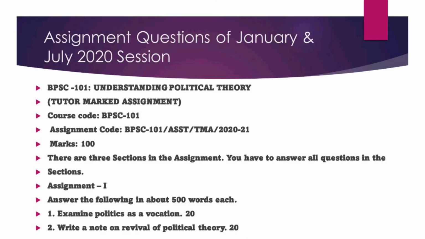In part 4, I'll provide you the assignment question papers from the January 2020 to July 2021 sessions, or you can say January 2022 session, because the January 2020 question paper was the same as July 2021. So for the July and January sessions, the assignment questions are the same.